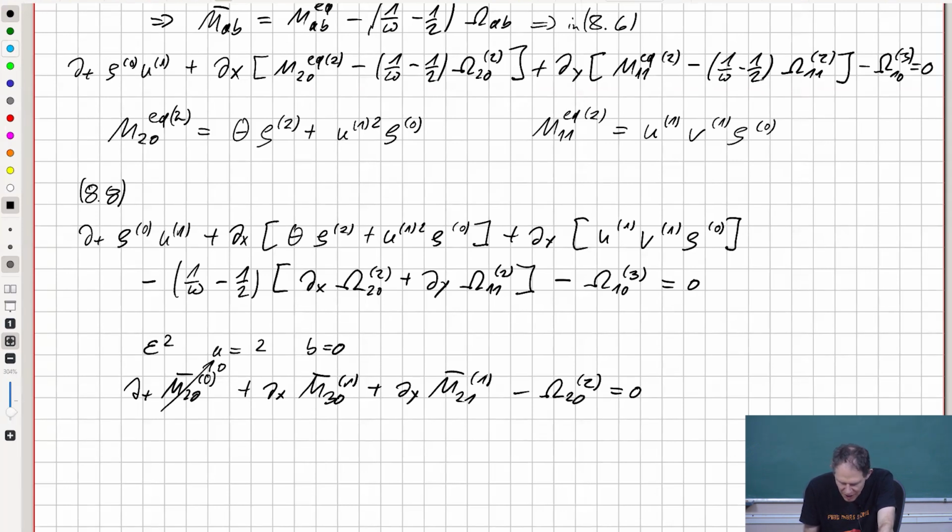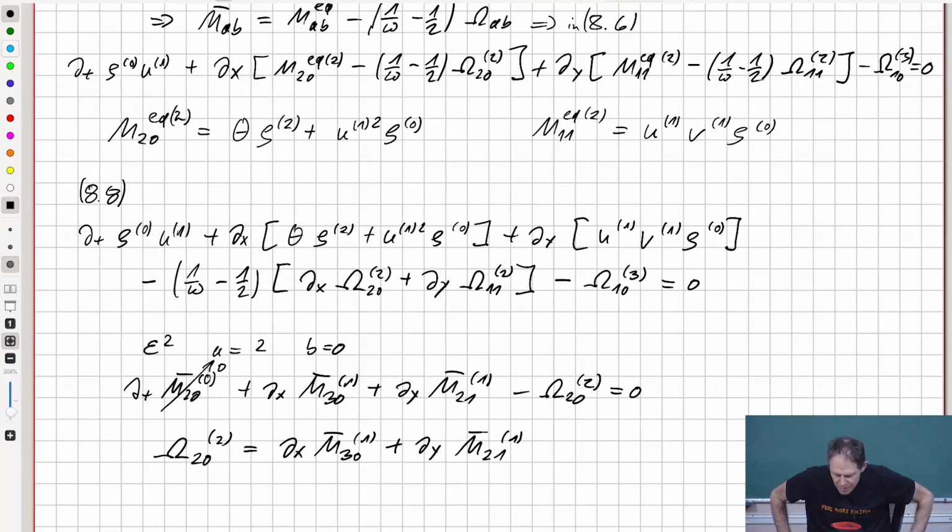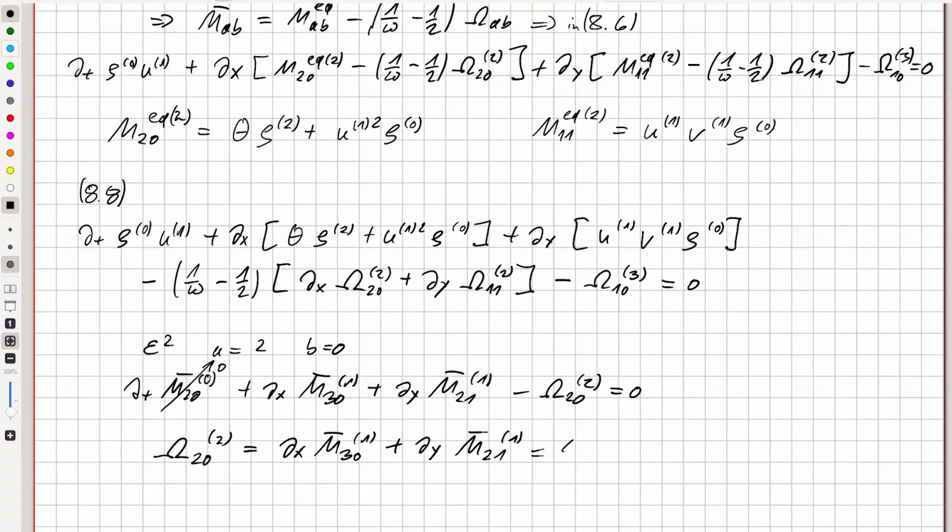So by this we can rewrite, obviously, that omega 20 to second order is equal to dx m30 to first order plus dy m21 to first order, and this is equal to dx m30 equilibrium to first order plus dy m21, not this over bar, just equilibrium to first order.